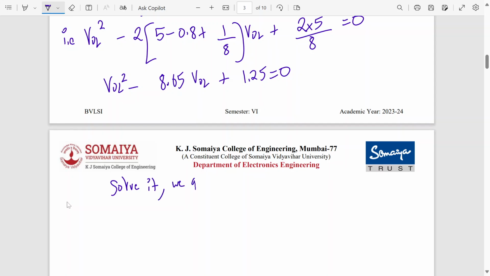And we get two values of VOL. VOL is 0.147 volt. Okay, what's the other value? Calculate this with your calculator and let me know.